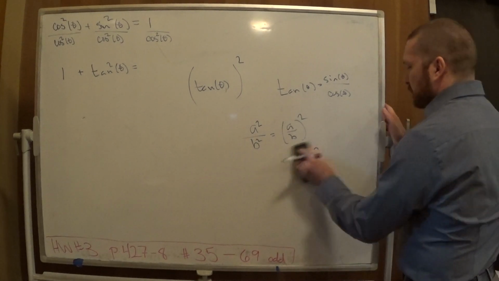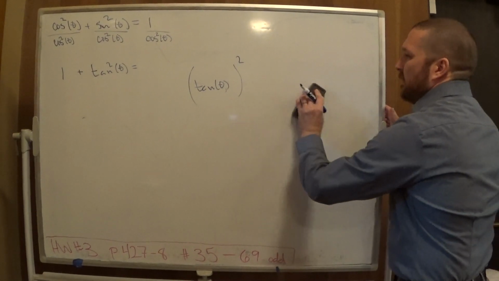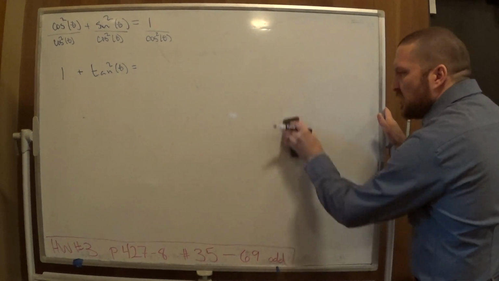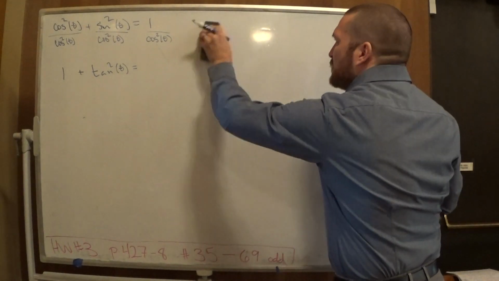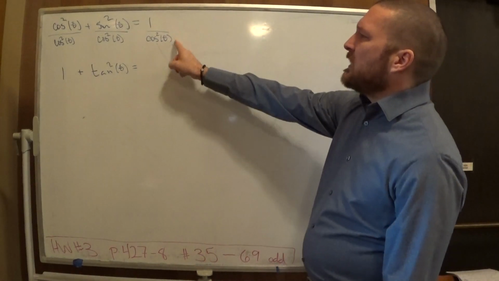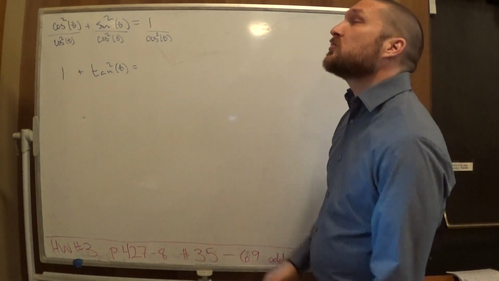Just be careful. This is one of the reasons why we're going to spend so much time doing the exercises you're doing for homework, to get you used to this type of thing, because this is brand new symbolic stuff. So what is this? Secant squared, right?